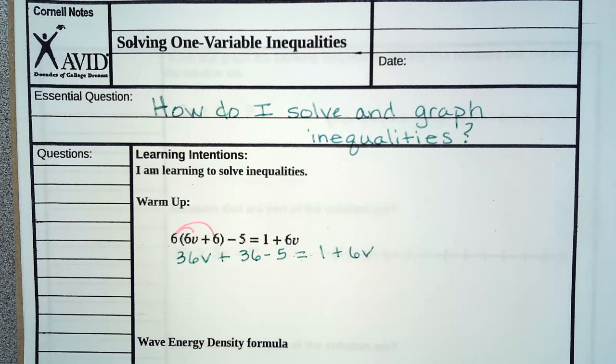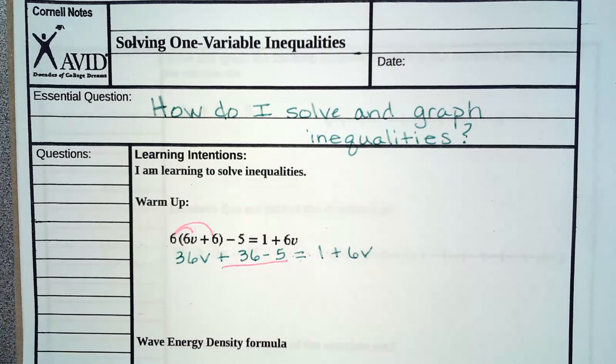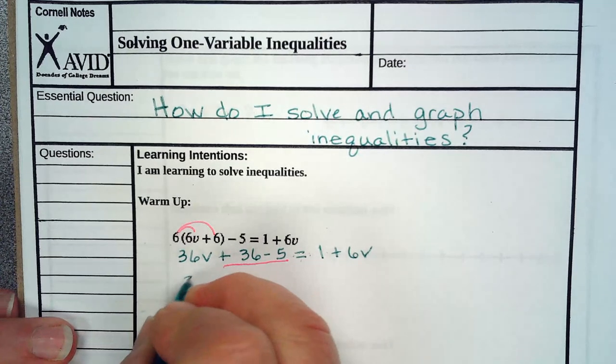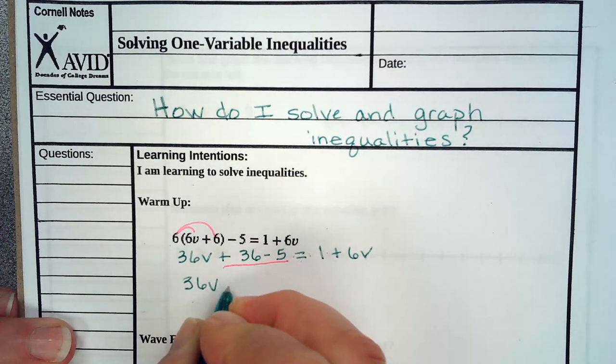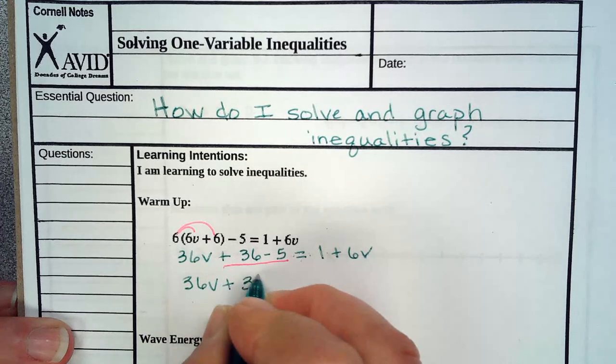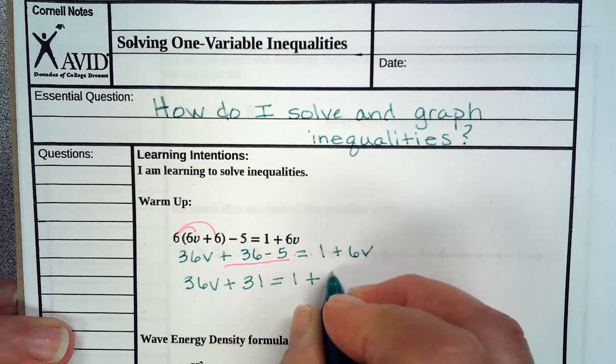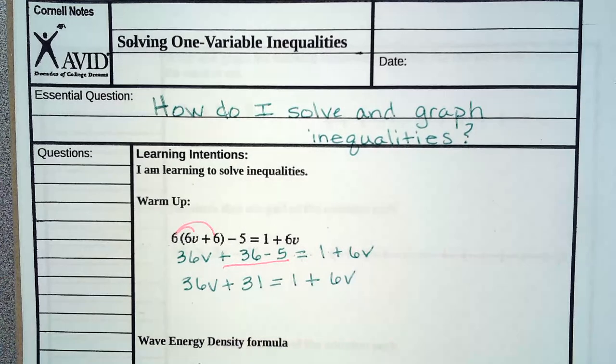Okay, combine your like terms. If we're looking for like terms, we've got 36 minus 5 here that we have to combine before we can go any further. 36v, 36 minus 5 is 31, plus 31 is equal to 1 plus 6v.